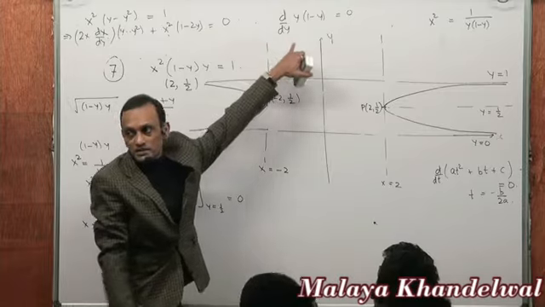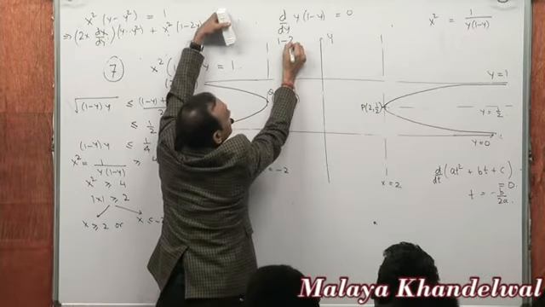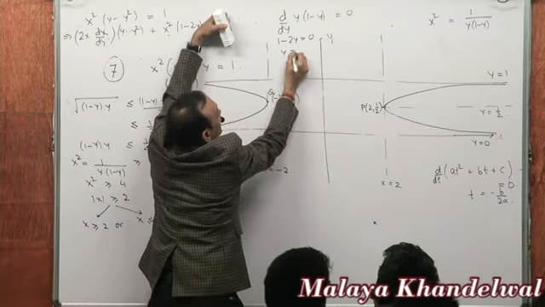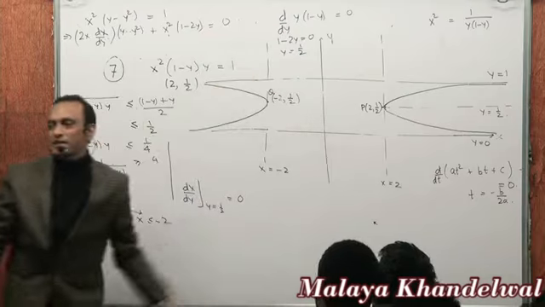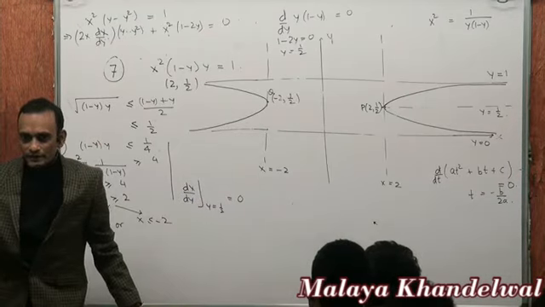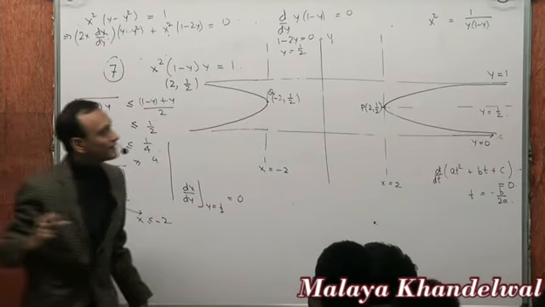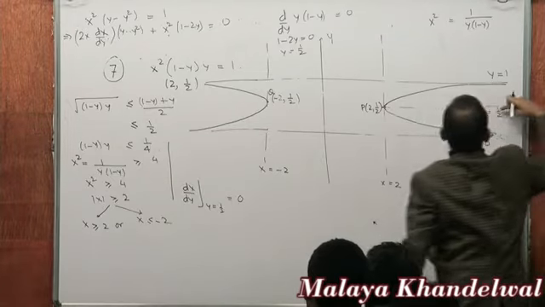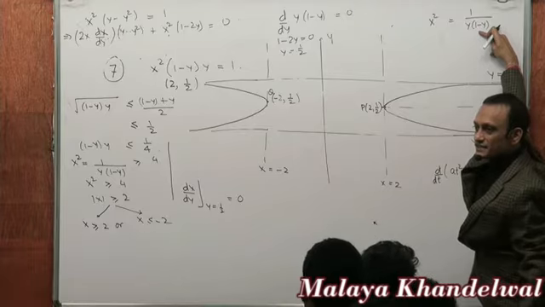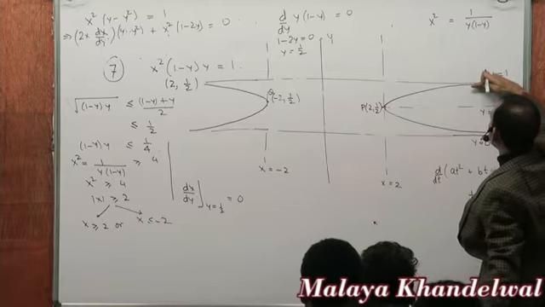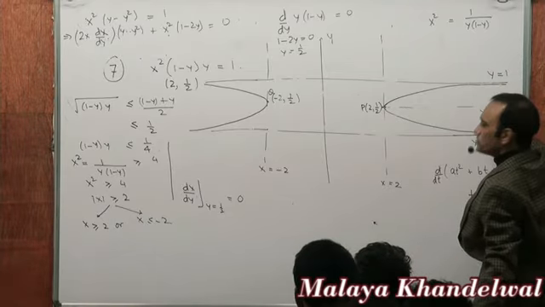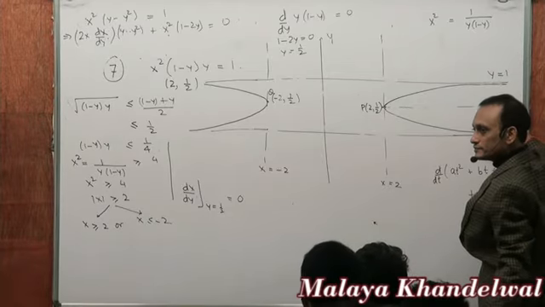See, 1 minus 2y is 0. That means y equal to half must be the line of symmetry for 1 by y into 1 minus y, right? So y equal to half is a line of symmetry for this graph. The way it looks above y equal to half is the way it looks below y equal to half.